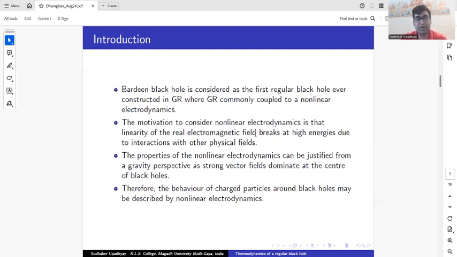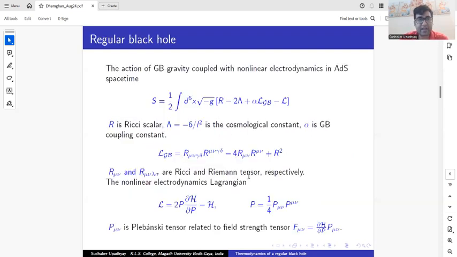The properties of nonlinear electrodynamics can be justified from the gravity perspective, as strong vector fields dominate at the center of the black hole. So the behavior of charged particles around black holes may be described by nonlinear electrodynamics rather than Maxwell electrodynamics.